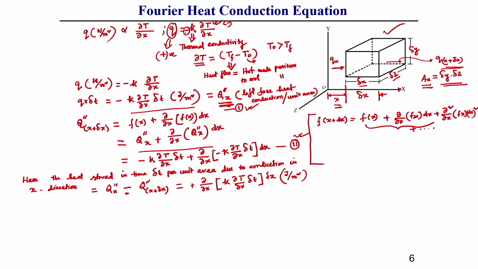Due to the left side and right side face cross-sectional area, I am just writing: along the x axis, what area is there? Along the x axis the area is generally A x.